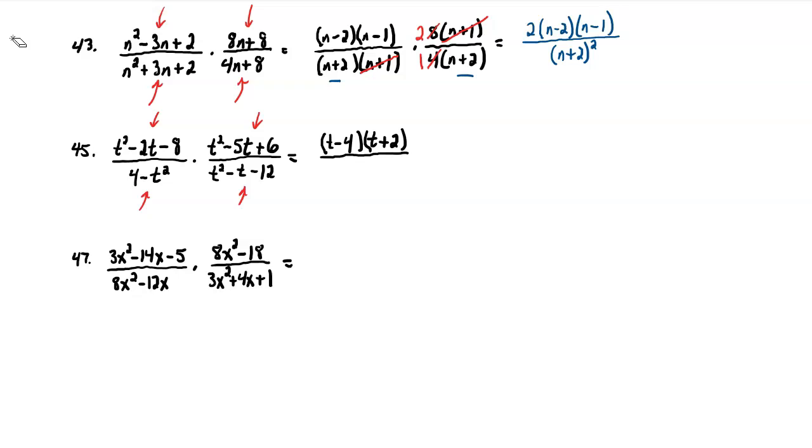So in place of the 4 minus t squared, I want to write negative and then t squared minus 4. That's what I'm going to end up factoring. So I'll have negative and then two groups of parentheses when you factor a difference of squares, t plus 2 and t minus 2.